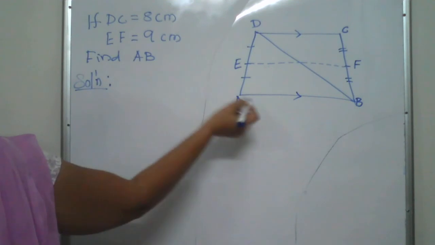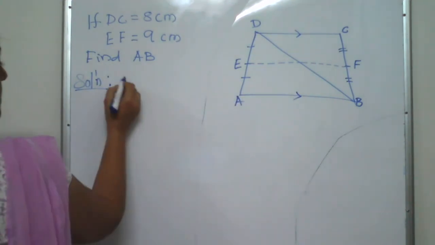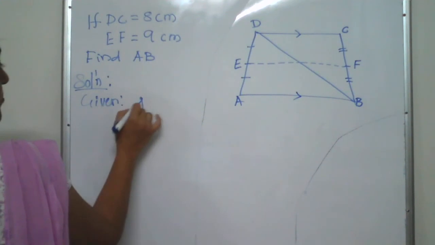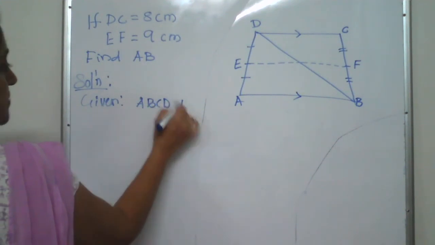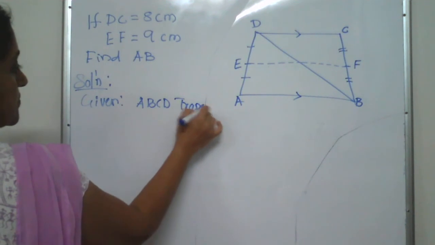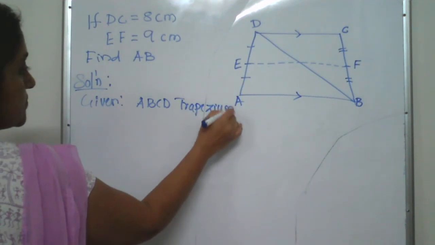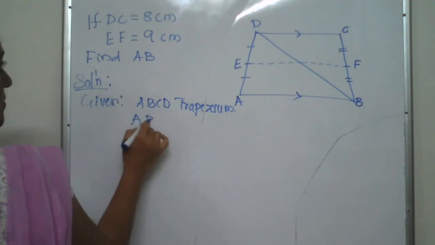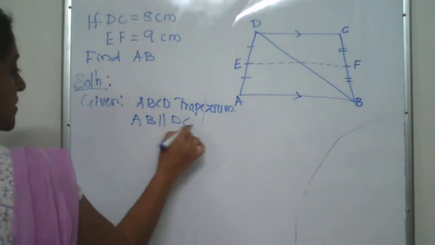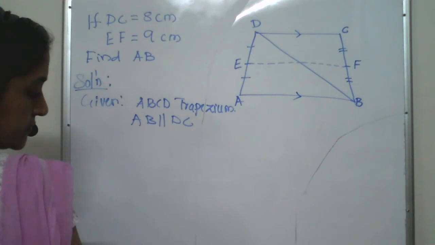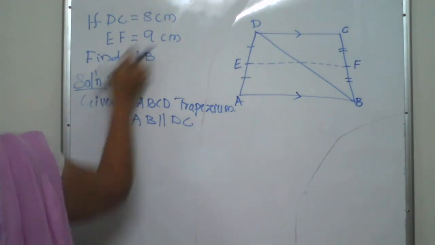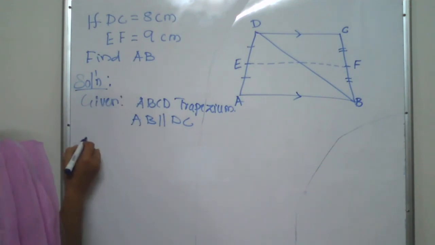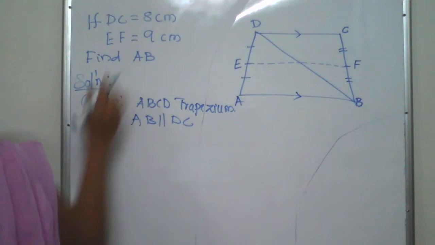In the given part, it is given ABCD is a trapezium, and AB is parallel to DC, and the remaining parts are given here. I will not repeat them. Now what we have to do is to find AB.